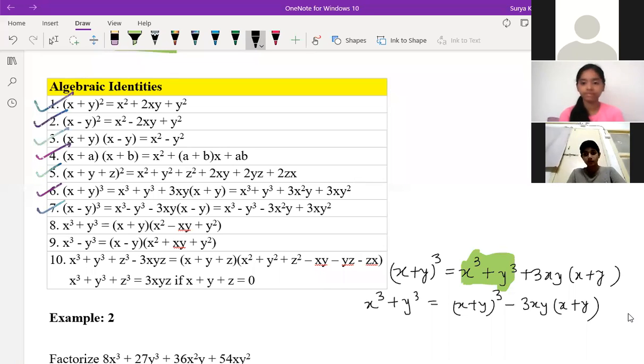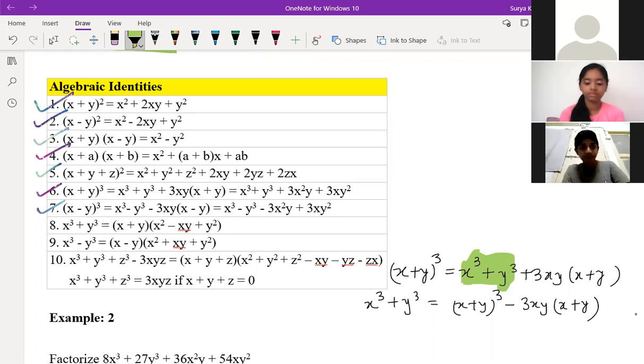Sai Charan, you will tell the same way. x cube plus y cube, I wrote it as (x plus y) whole cube minus 3xy into (x plus y). Did you understand, Sai Charan? Tell me, child. Is it clear? No, sir.